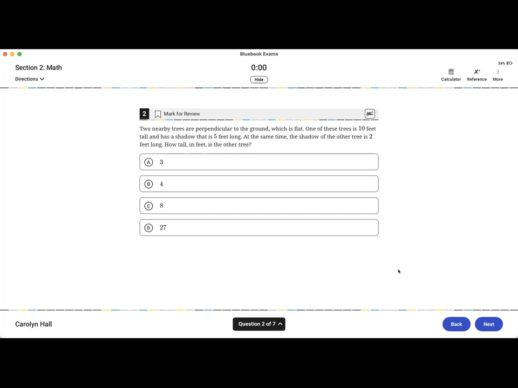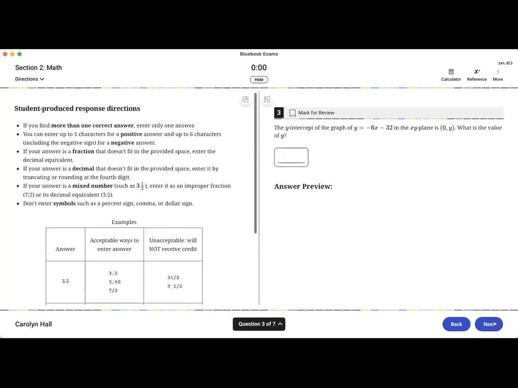And then when you set up your second triangle, you're going to have the shadow being 2 feet long. And knowing ratios and proportions and similar triangles here, that means that that tree has to be 4 feet tall, because in the other triangle at the same time of day, if you double the 5, you get the 10. So I'm going to choose option B and click next.